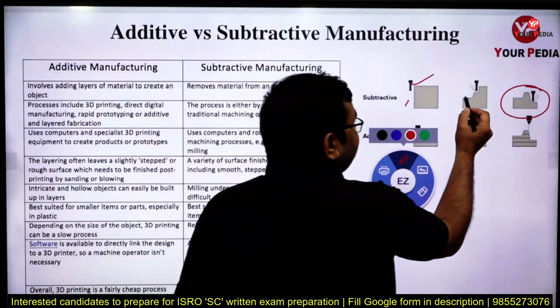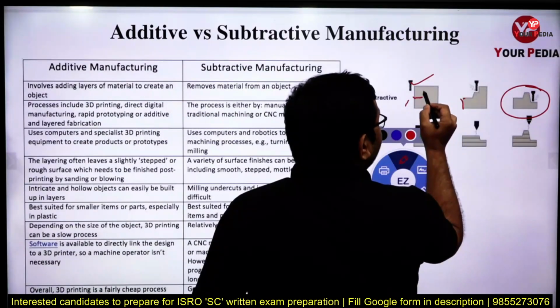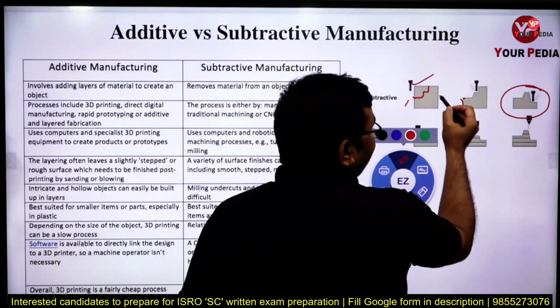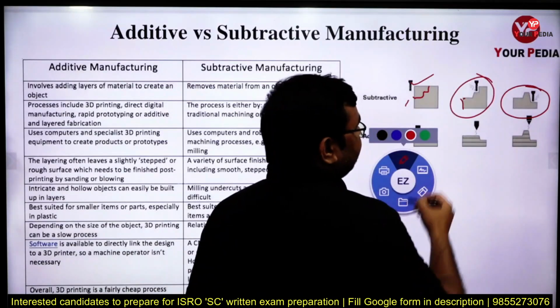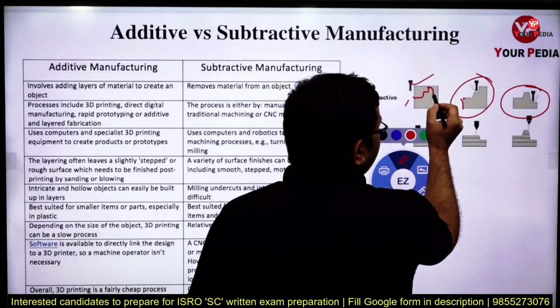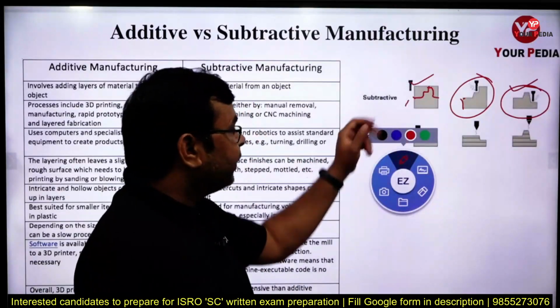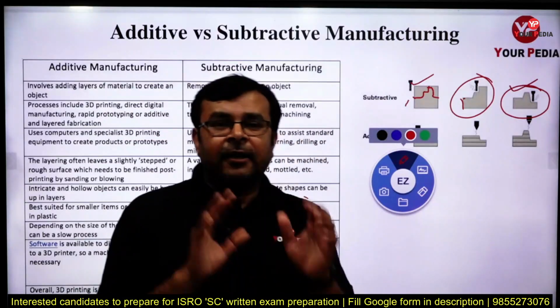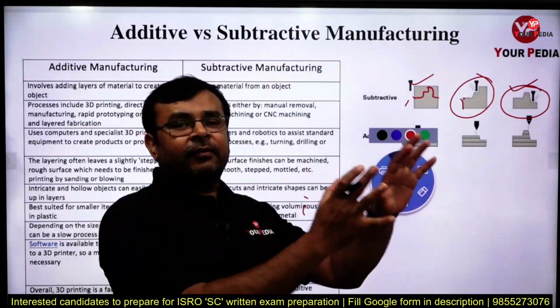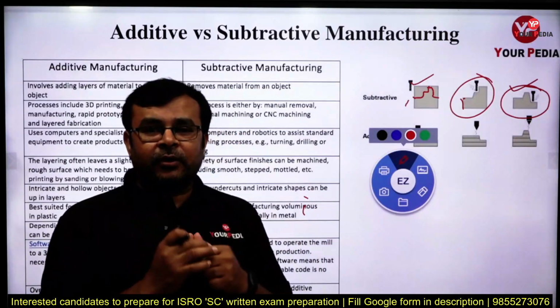Like this, you remove this extra material, and once you remove it you get a shape like this, and after that you remove this portion also, then this is your final product, correct? So in the subtractive manufacturing process, we remove extra material from the raw material we already have, correct?